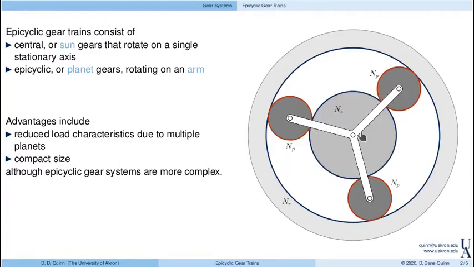If you notice, the example shown here on the right actually has two central gears. There's the large gear in the center, and then there's this ring gear on the outside. One distinguishing characteristic of these epicyclic gear trains is that the arm and all of the central gears rotate on a single axis.